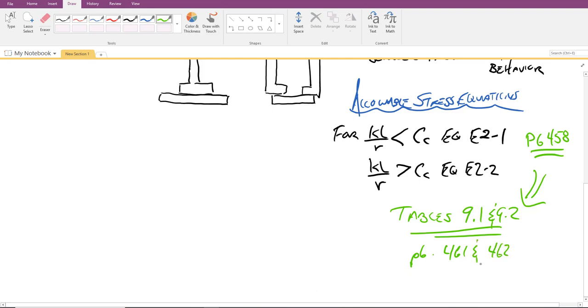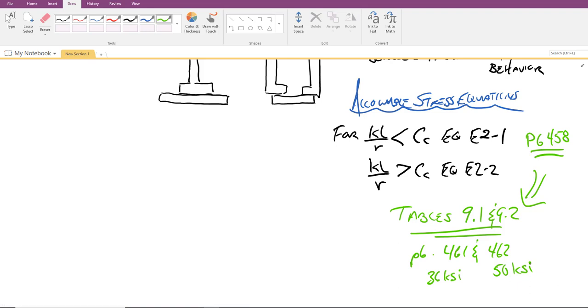You'll see those two tables. Now, both tables work approximately the same. One of them, however, is for 36 KSI steel. That's table 9.1. And let's label that 36 KSI steel. And the other one is for 50 KSI steel. Those are our two standard steel grades. So you've got to make sure you're on the right table.